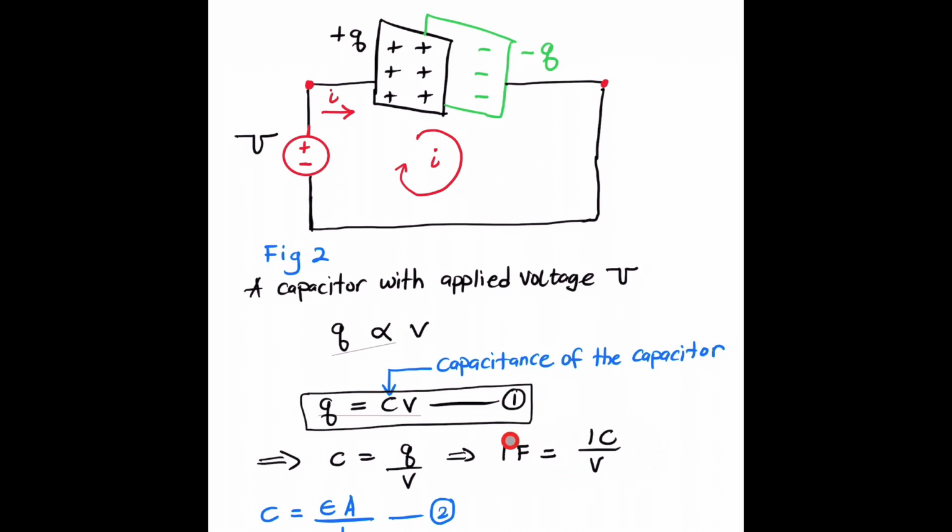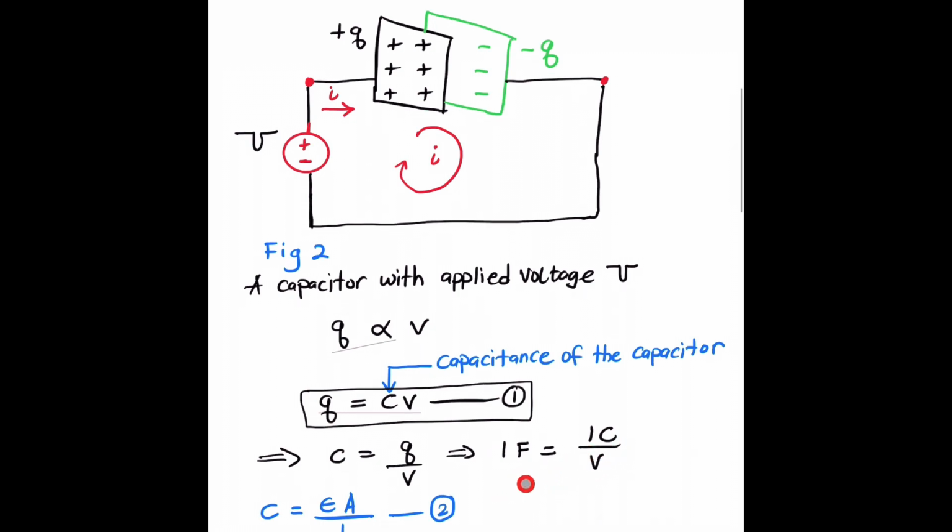So we do some dimensional analysis here. Capacitance is measured in farads, and 1 farad is 1 coulomb divided by volts. Coulombs per volt, basically.